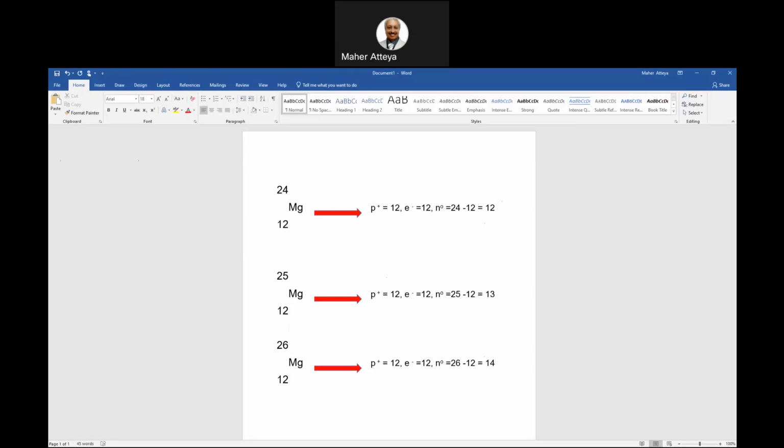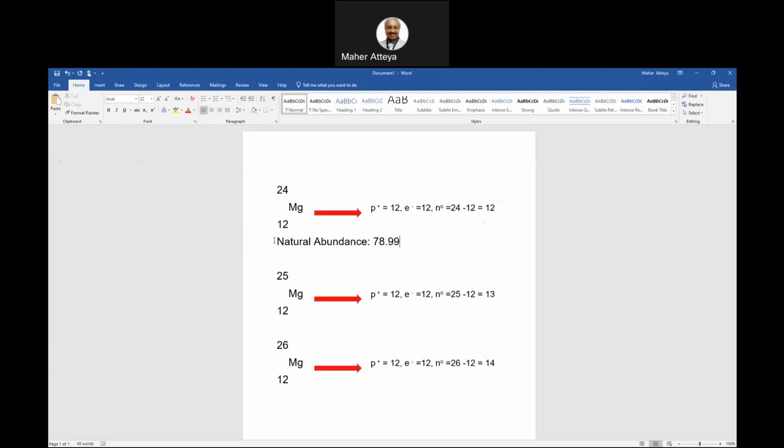in the periodic table. Okay. So we said from the lecture here, we have the 24 is 78.99. So this one here is the natural abundance. Natural abundance is 78.99, correct?